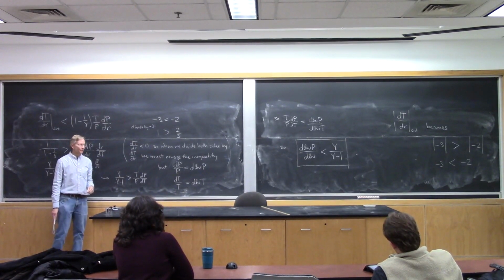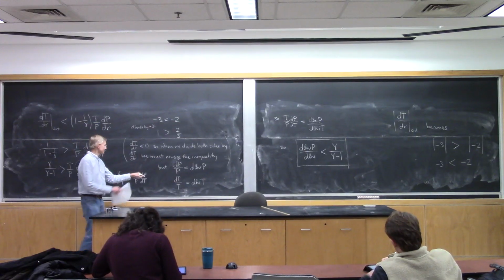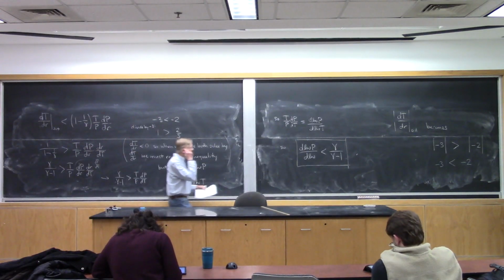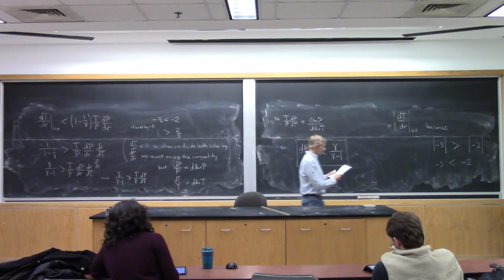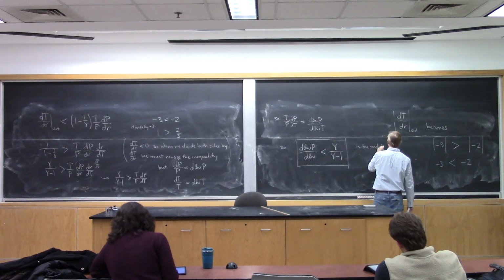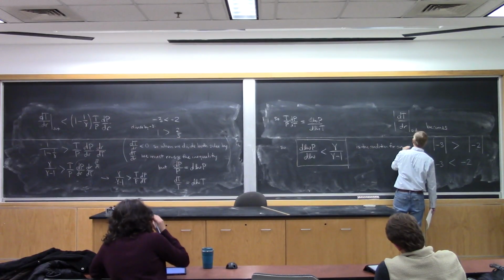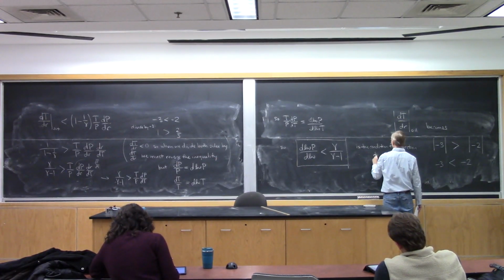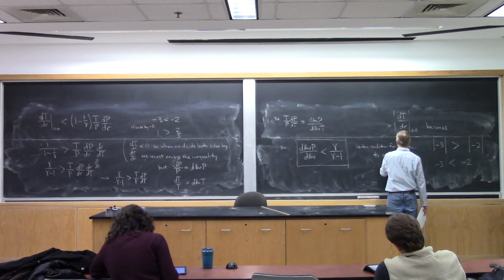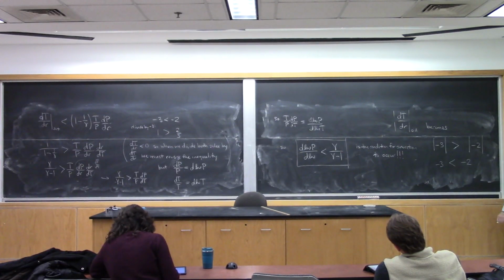In other words, if x is greater than y, then y is less than x. So I'm just flipping them around. This is the condition for convection to occur. That's the condition under which convection will occur.